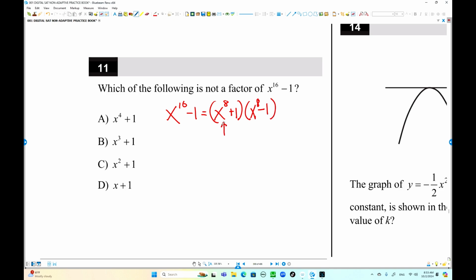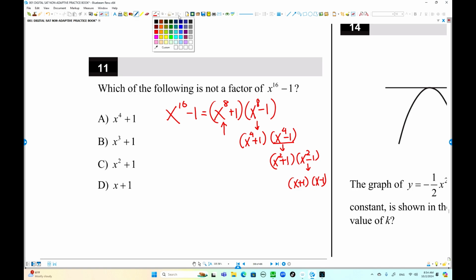The first one cannot be factored anymore. But the other one can be factored: x to the 4 plus 1 and x to the 4 minus 1. This one can be factored again: x squared plus 1 and x squared minus 1. Also, the last term can be factored: x plus 1 and x minus 1.